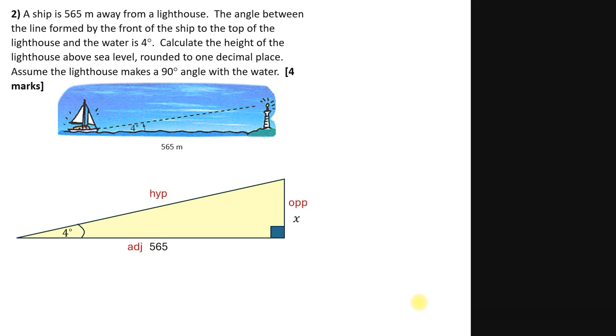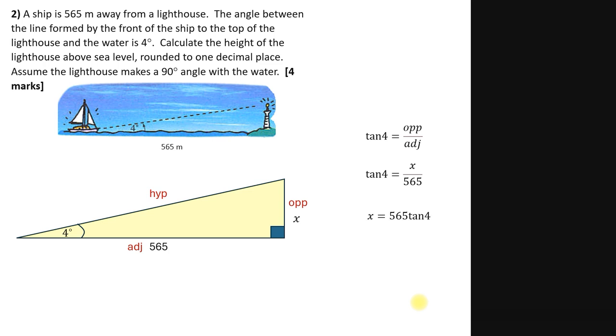So x is opposite our reference angle, and 565 is adjacent to our reference angle. Our trig ratio that deals with opposites and adjacents is the tangent. So we can say the tangent of 4 equals opposite over adjacent. In this case, the tangent of 4 equals x over 565.